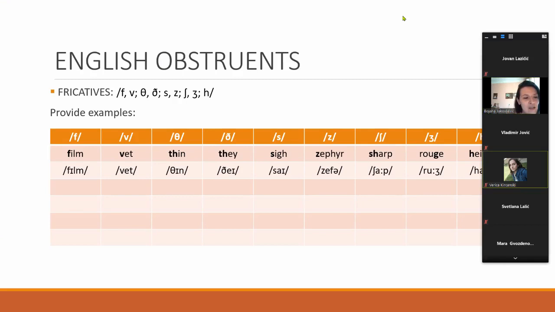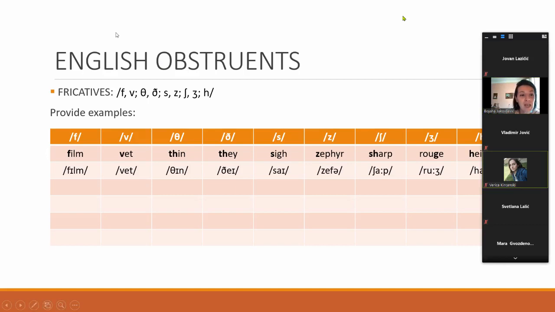So it's like when you're laughing, ha ha ha ha. In Serbian, it's kind of harsh. So it's hoću, hoću. You hear that friction. In English, you don't. So that would be a key difference.